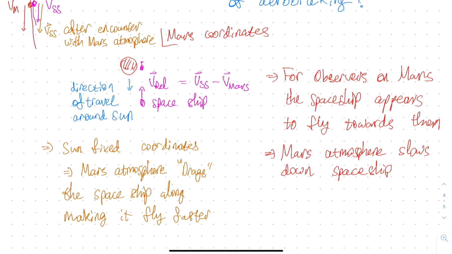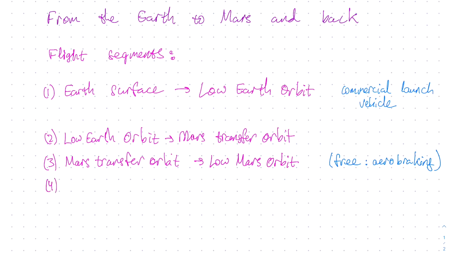And now let's get back to our main task of figuring out the maneuvers the spacecraft needs to perform to fly between Earth and Mars. Our next goal is to take the spacecraft out of low Mars orbit and go ahead and land it on the surface of Mars.